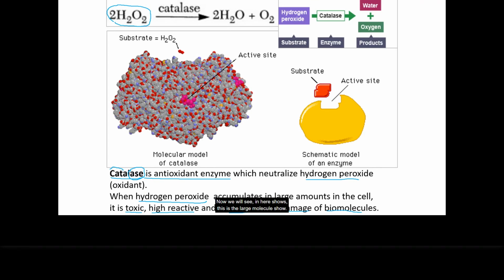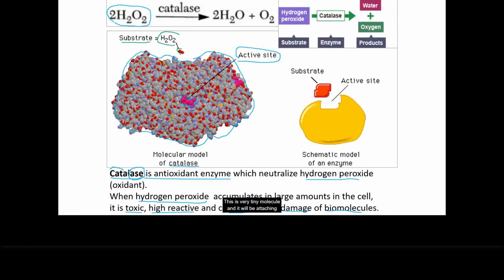Now we will see in here this large molecule. This is a molecular model of the enzyme catalase. And this is the active site of this enzyme. Our substrate in this reaction will be hydrogen peroxide.